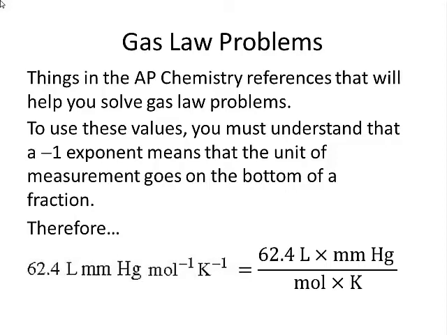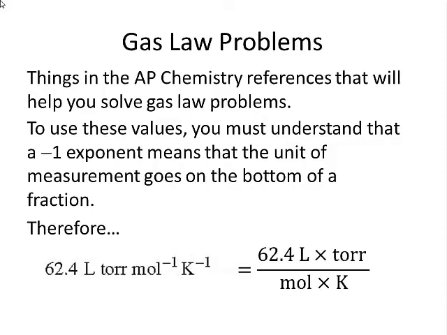Okay? It's something to know because a lot of references are listed that way, not just in your AP test references. Okay? And so if we're using the value for R that has torr in it, you just got to know moles and Kelvin go on the bottom of a fraction.